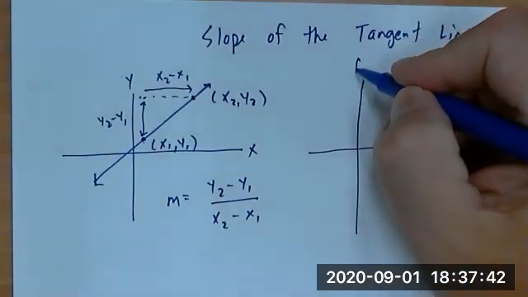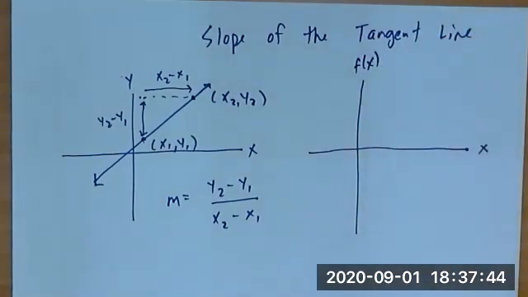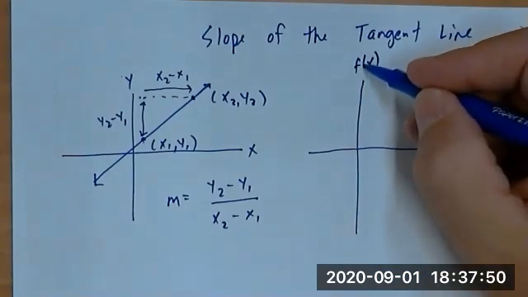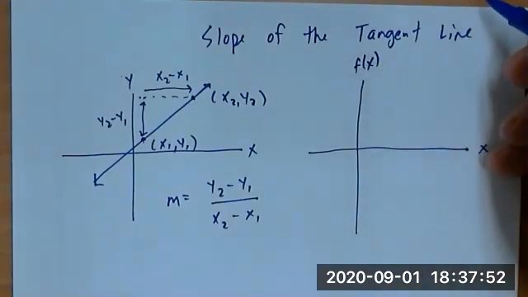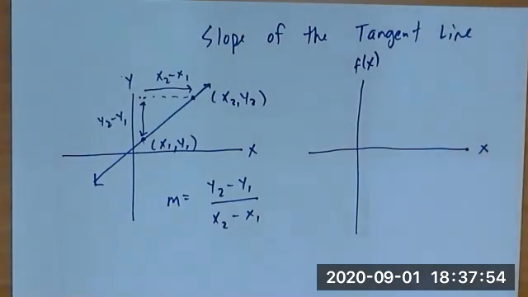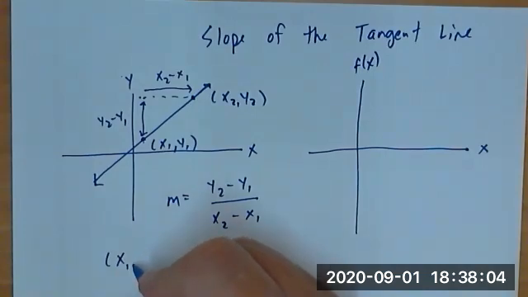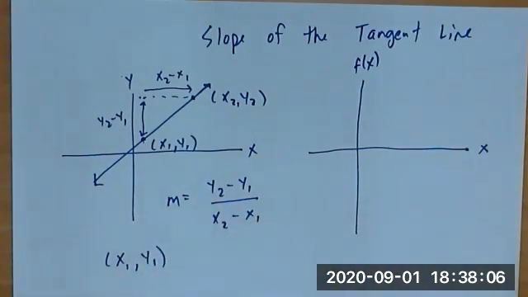Remember, function notation, y and f of x are interchangeable, but now I want to make my vertical axis f of x. Now function notation, let's remember, say you have a point x1, y1.